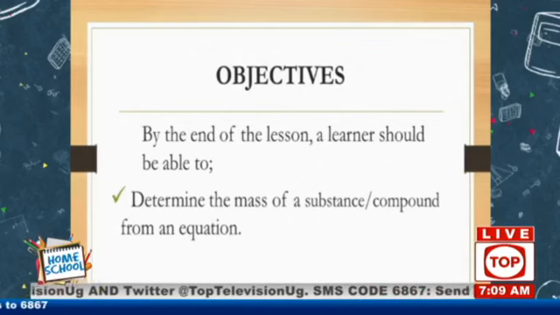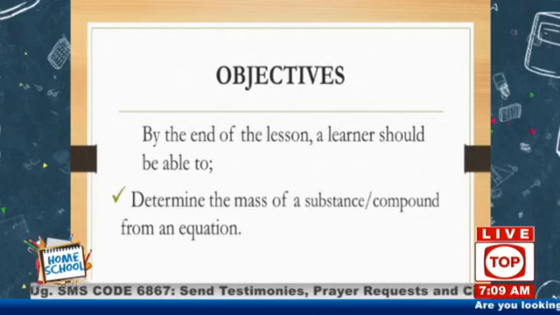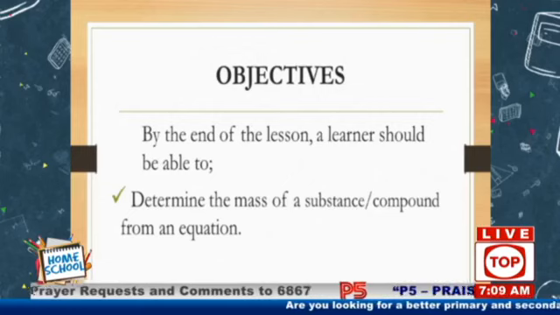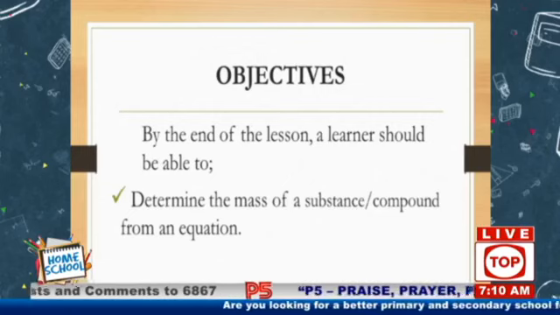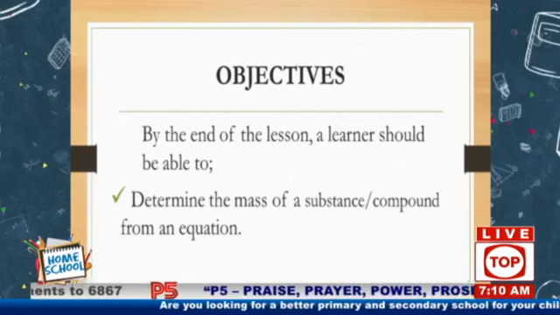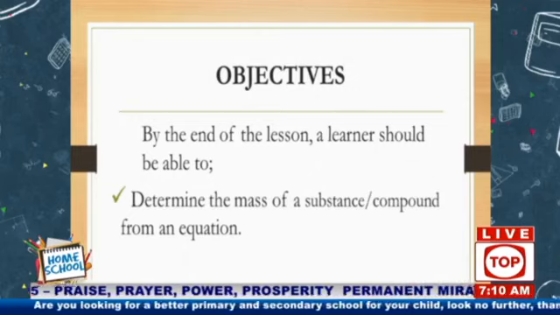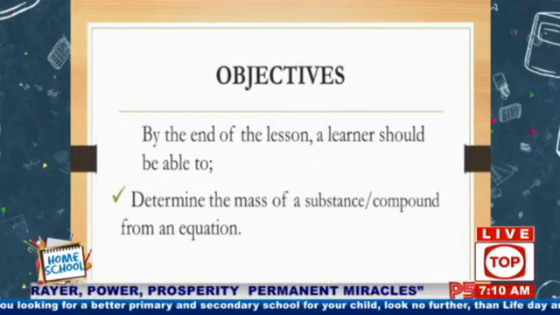There are so many things you're going to achieve today, but at least make sure you achieve this 1 major objective, which is determining the mass of a substance or a compound from an equation. Once you are given an equation, are you able to determine the mass of any substance, any compound they ask for in that equation?